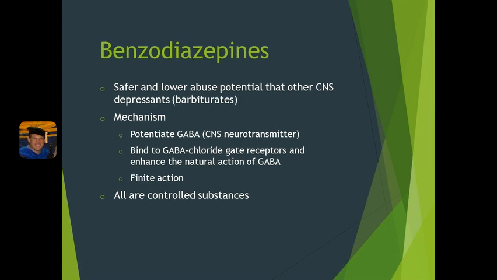GABA is always an inhibitor. It always causes a reduction in brain activity. So the way this basically works is by causing your brain to kind of self-regulate downward and reduce neural activity. All the benzodiazepines are controlled substances because they have abuse potential.